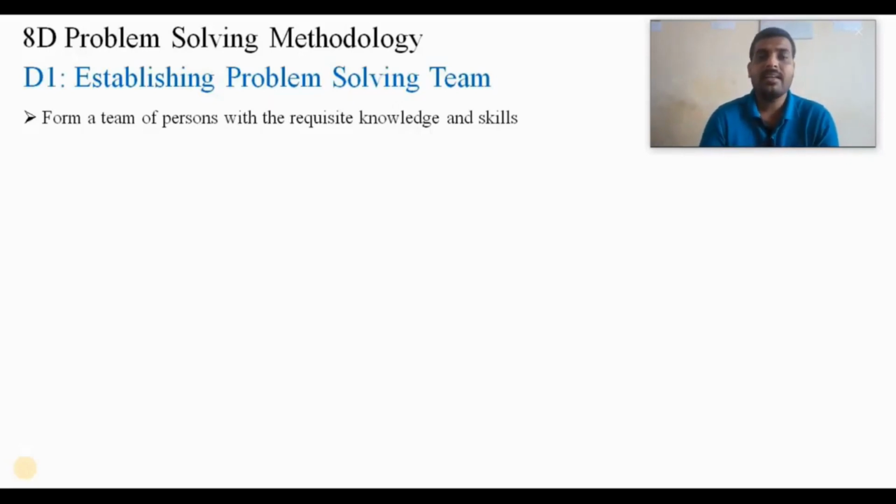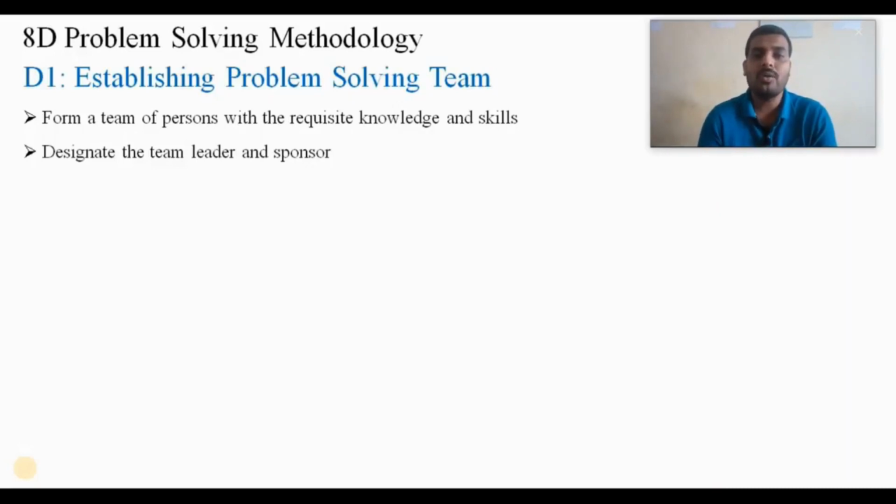Then you have to identify the team leader and sponsor, so that the team leader will put the problem solving team together with cooperation from the sponsor. The result of this D1 will be that we have a problem solving team.